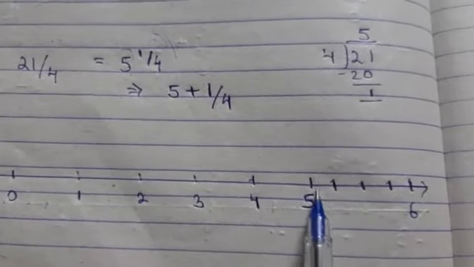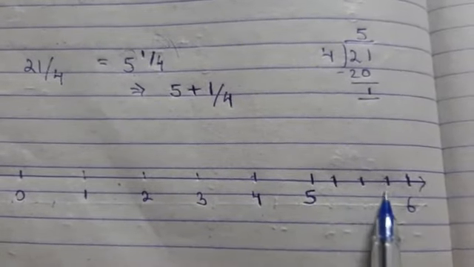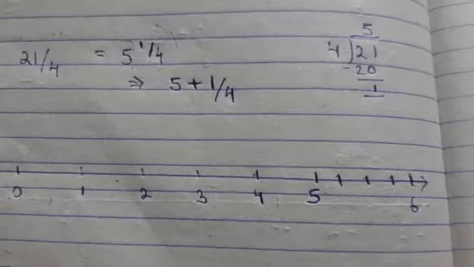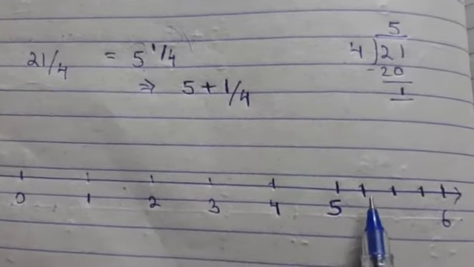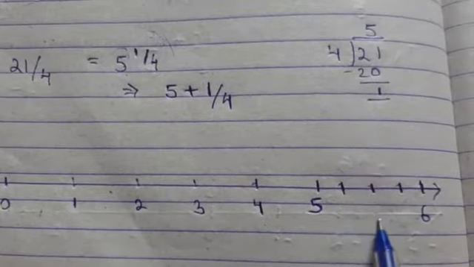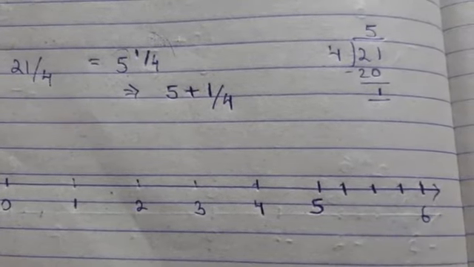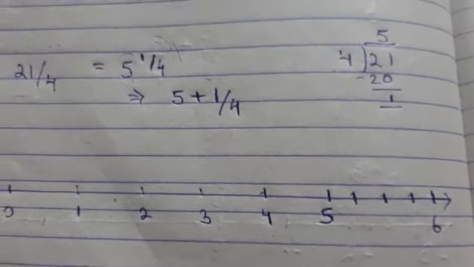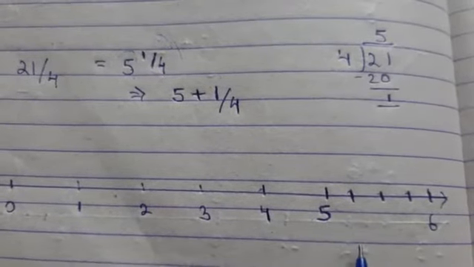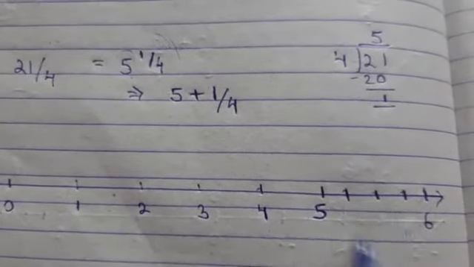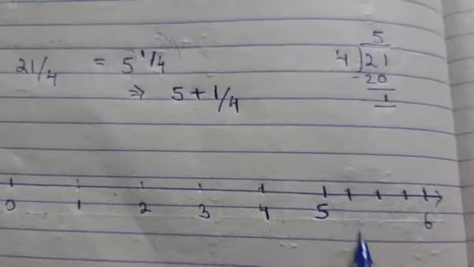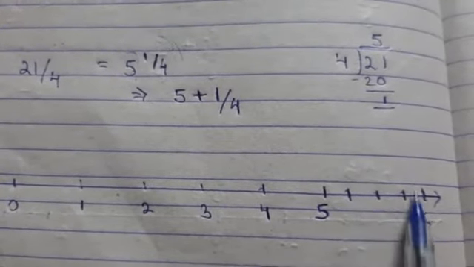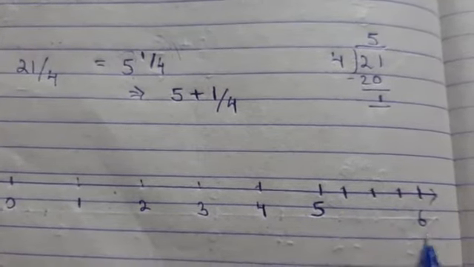That means 1 by 4, 2 by 4, 3 by 4 and ultimately your next number. 1 by 4th part, out of the total number of parts given. 1 by 4, 2 by 4, 3 by 4 and 4 by 4, that means 1, but it will be equal to 6.